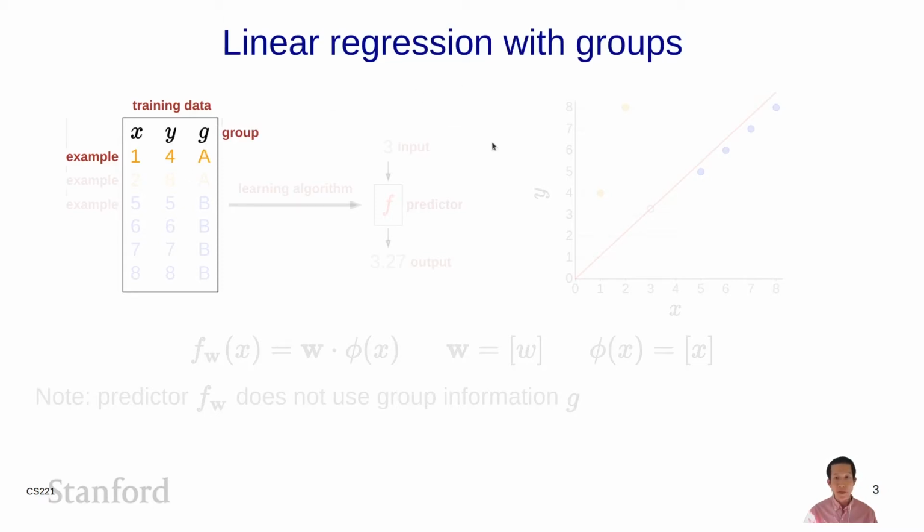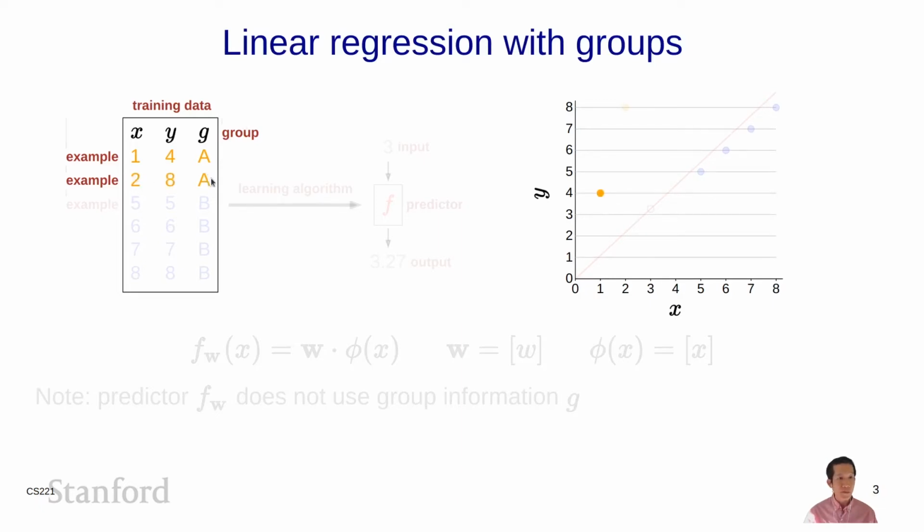So we're going to have a set of, let's plot this over here. So here's (1, 4). And here's a second example, (2, 8), which is up here. And then these examples down here are going to come from group B. So we're going to have two groups, A and B, and here they are over here.